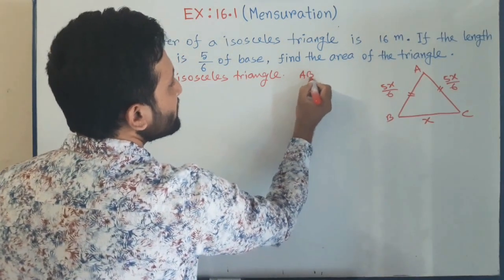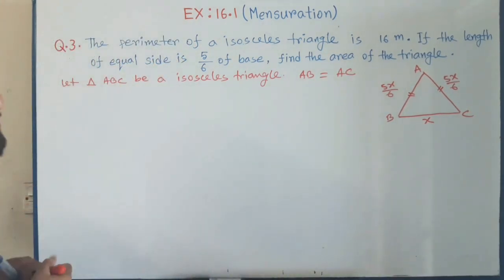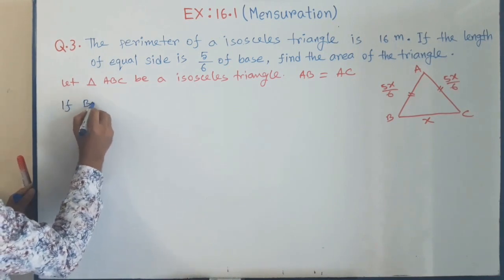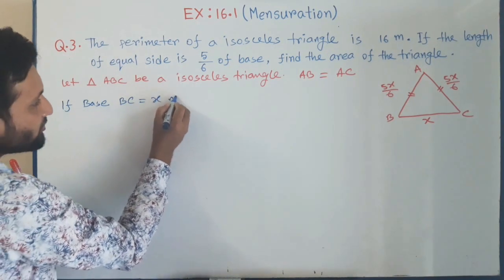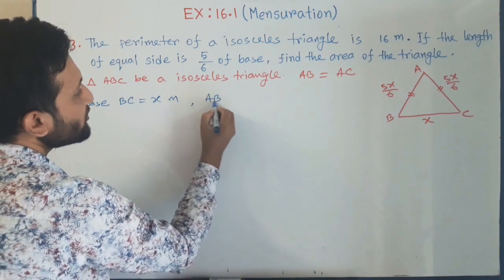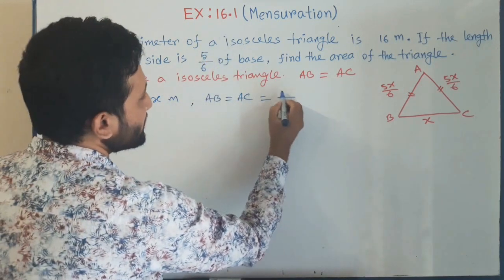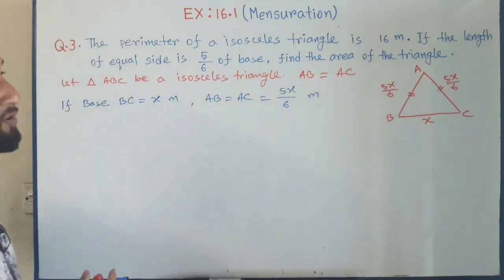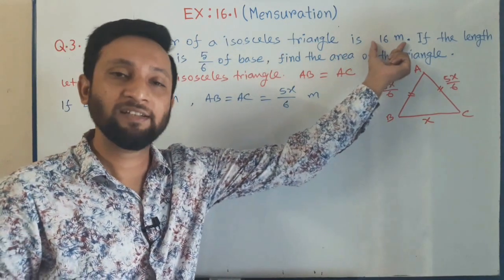So if base BC equals x meter, then the other two sides AB and AC equal 5x by 6 meter. Now here in this question, the perimeter of the isosceles triangle is 16 meter.